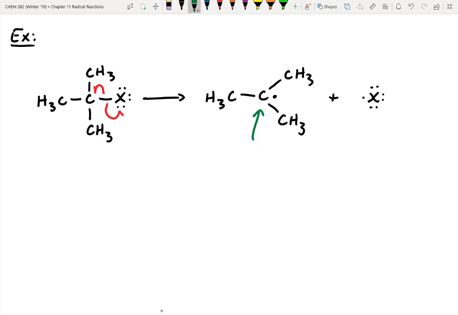Single electrons don't really take up that much space. So if we think about it, the hybridization, if we're ignoring that single electron, would be sp2, which means it has a p orbital going on. So let's go ahead and draw that p orbital. The p orbital is going to be going up and down like that. And the electron is going to be hanging out in the p orbital, and this carbon is going to be sp2, and then this is going to be a p lobe.